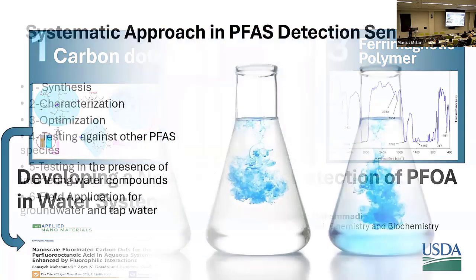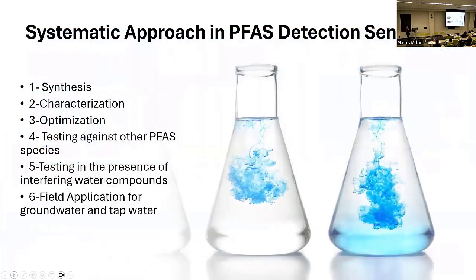And here you can see the steps of designing the sensor for PFAS detection. The first step is synthesizing the nanomaterial or composite. Then we need to characterize this composite or nanomaterial by a spectroscopy technique, electron microscopy, or zeta potential to figure out which kind of functional group we have, which kind of bond we have, and how we can modify to improve sensitivity and selectivity.